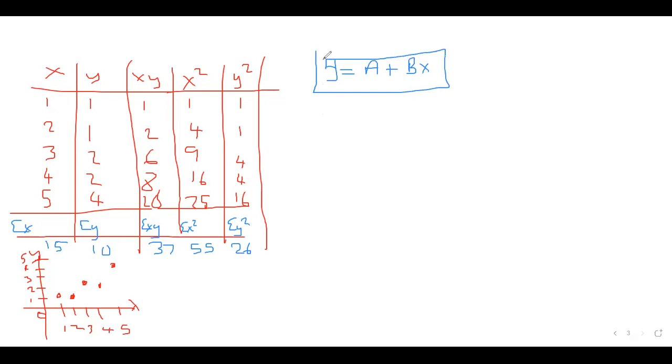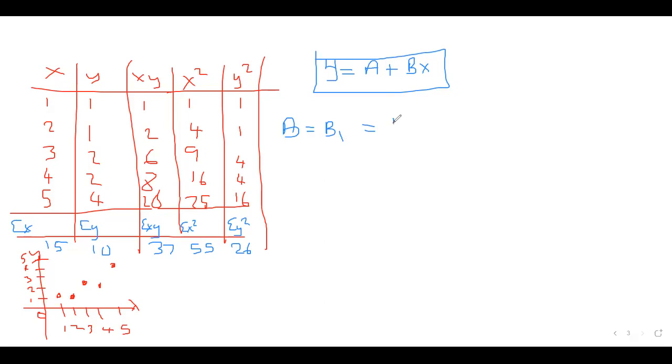So the regression equation we know is given as follows: y is equal to a plus bx. To find the a, we first need to find our b. Some books will give you b1, same thing.